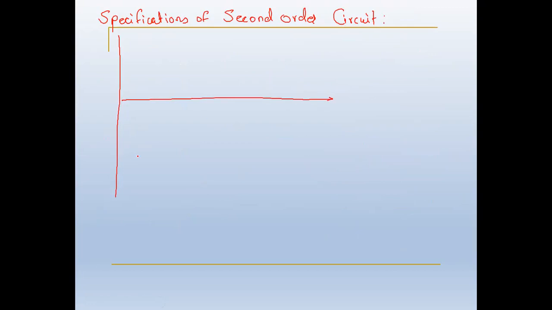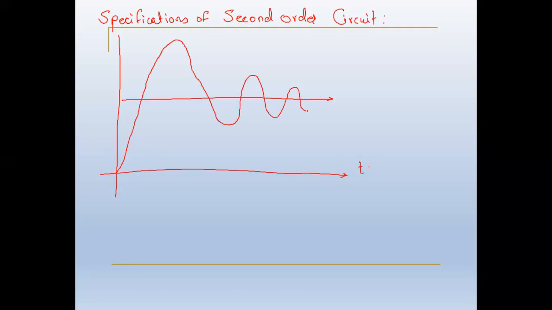So the signal will start at a certain point, it will reach its maximum value, and then at a certain point it will try to slow down and settle. I'll tell you what the points are.